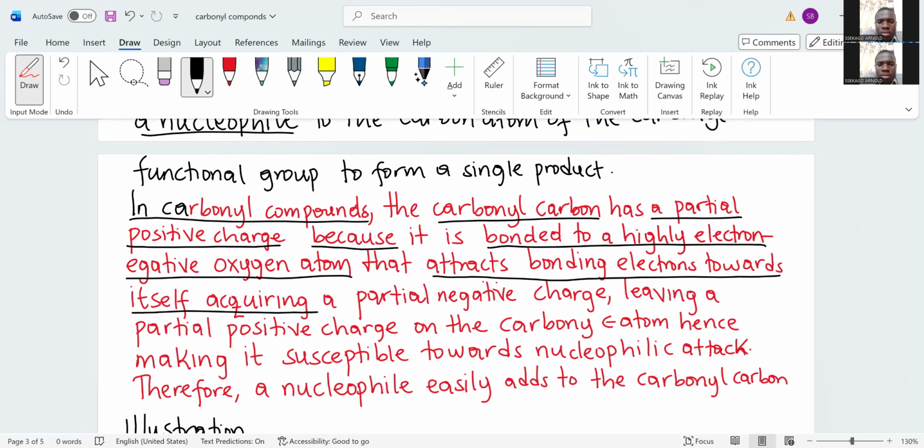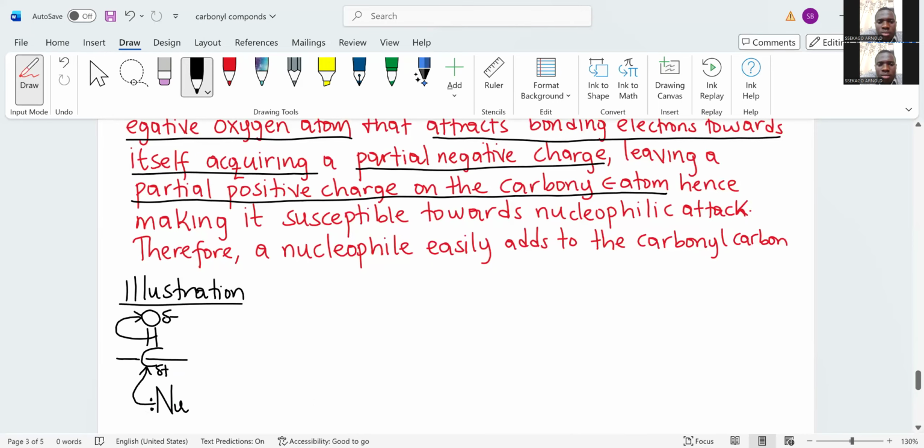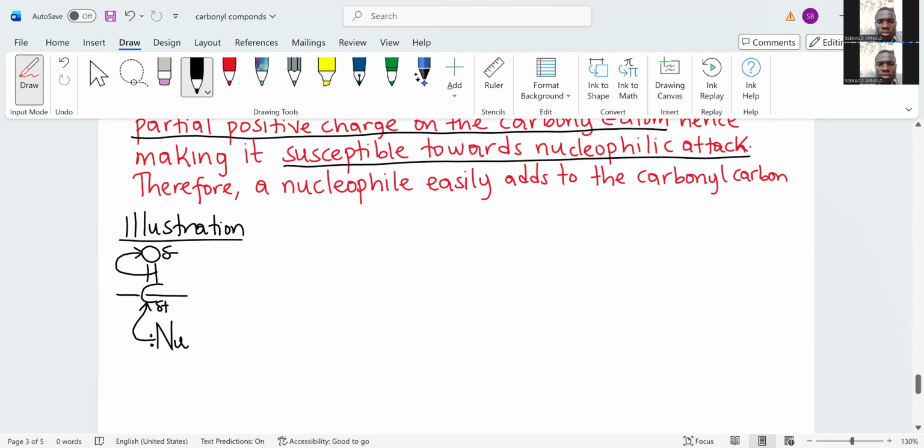And once it attracts bonding electrons towards itself, it acquires a partial negative charge. Once it acquires a partial negative charge, it leaves a partial positive charge on the carbonyl carbon atom. Now that the carbonyl carbon atom has a partial positive charge, that makes it prone or susceptible to nucleophilic attack. Therefore, a nucleophile simply attacks.